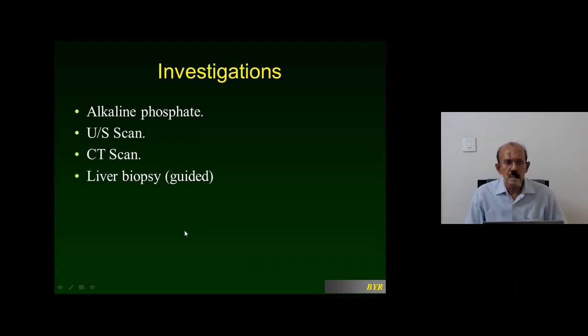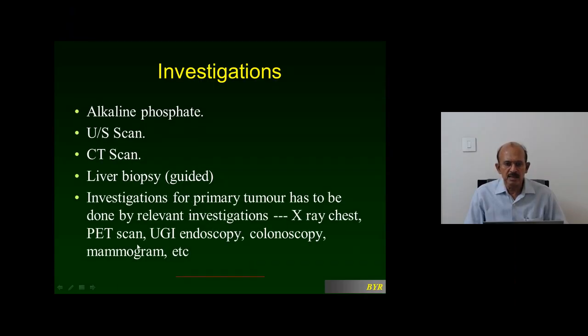The primary tumor has to be identified by relevant investigations like X-ray chest, PET scan, upper GI endoscopy, colonoscopy, mammogram, etc. So you have to first do a thorough examination of the whole body, and when you find a mass or an ulcer, you should do the investigations necessary to find the diagnosis of the primary.